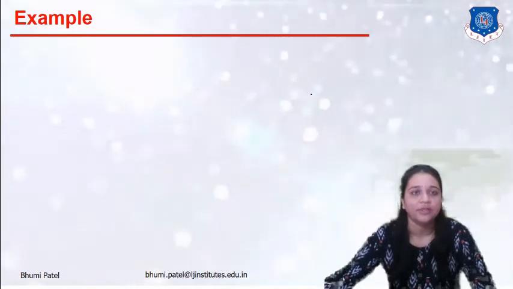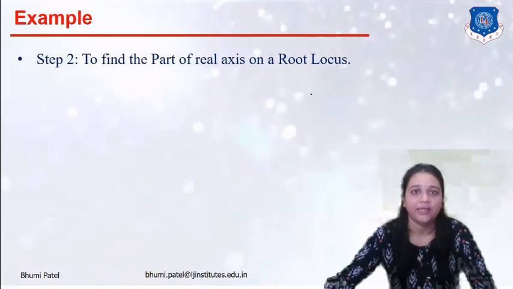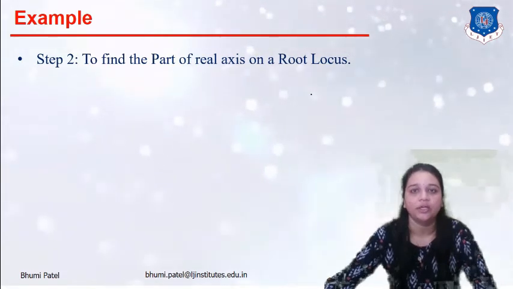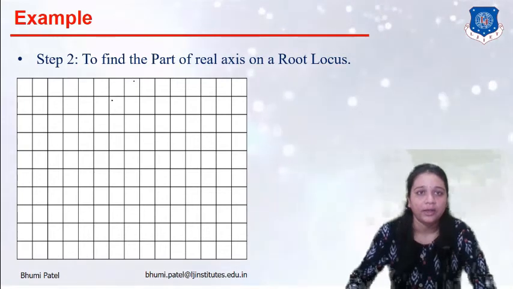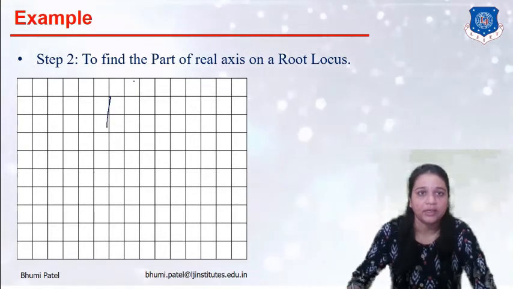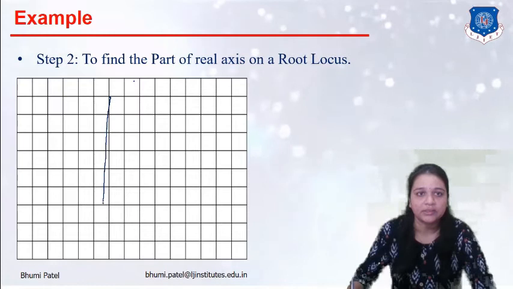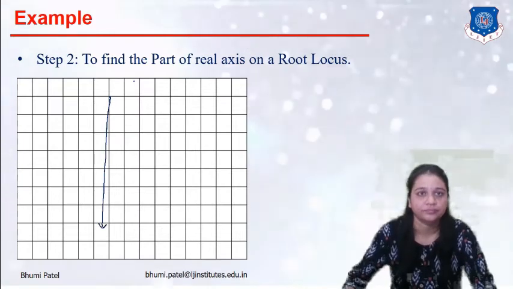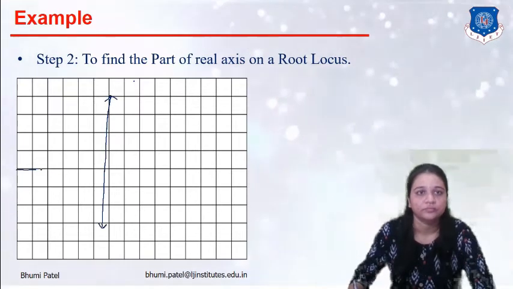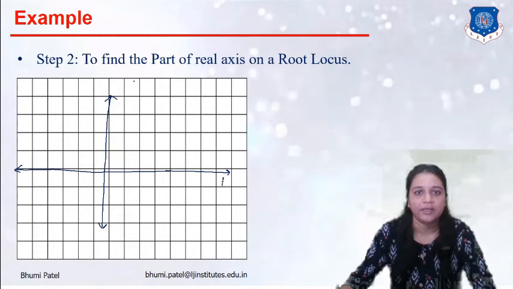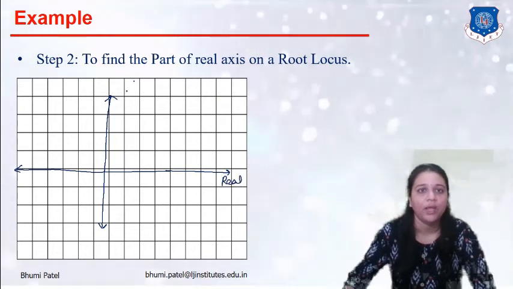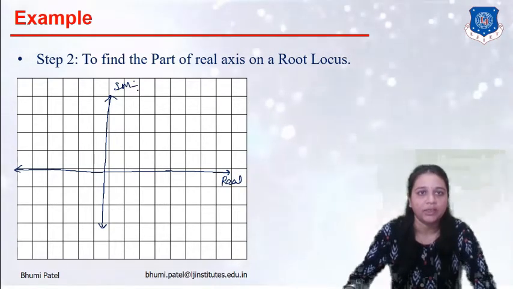Now for step number 2, to find the parts of the real axis on the root locus, we have to draw a graph between the real axis and the imaginary axis. This is my real axis and this is my imaginary axis.